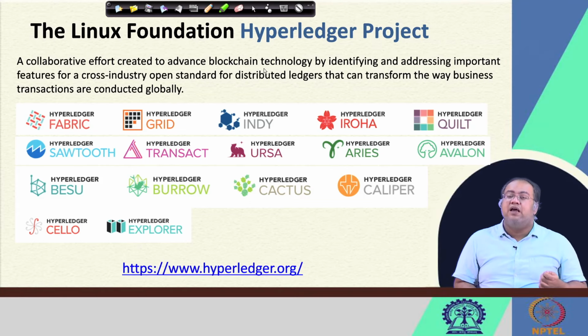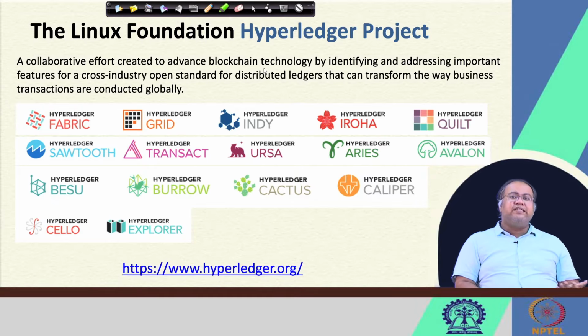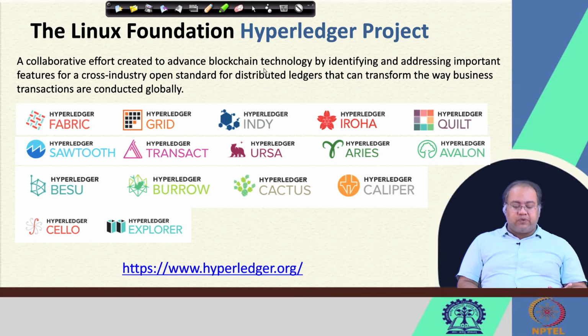For example, Hyperledger Indy is a popular blockchain platform to support identity management. Later on we are going to look into Hyperledger Indy in detail, and from the next lecture onwards you are going to have a tutorial on Hyperledger Fabric, where you will see how you can build a business model with an enterprise blockchain platform.